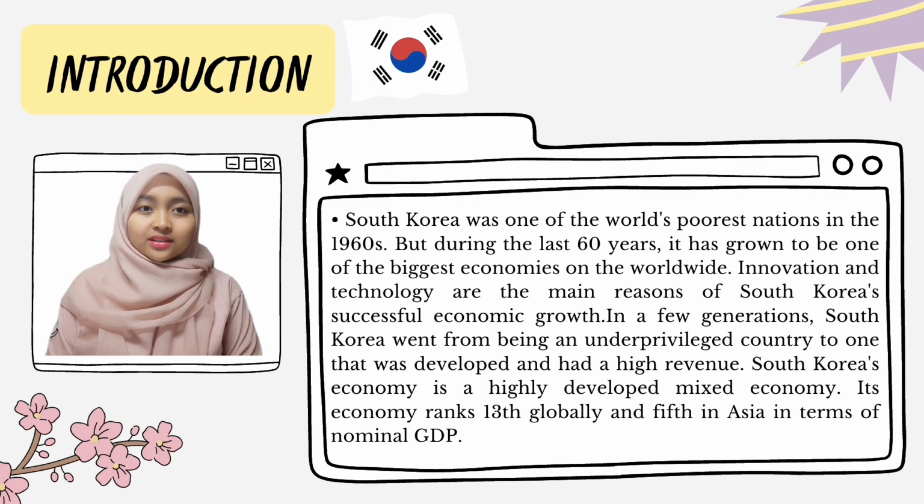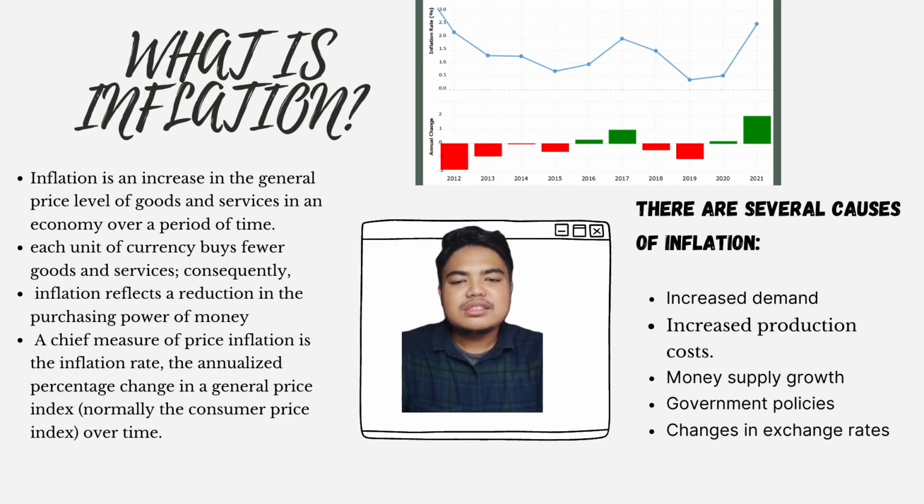Its economy ranked 13th globally. Introduction of inflation in Korea. Inflation is an increase in the general price level of goods and services in an economy over a period of time. When the general price level rises, each unit of currency buys fewer goods and services.